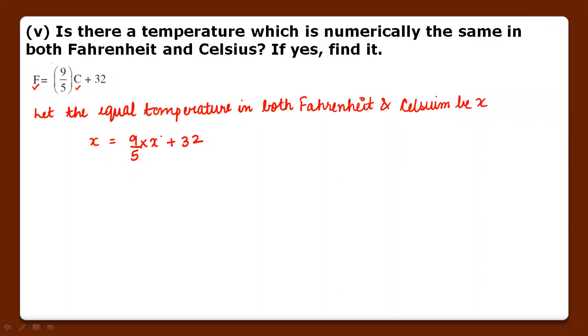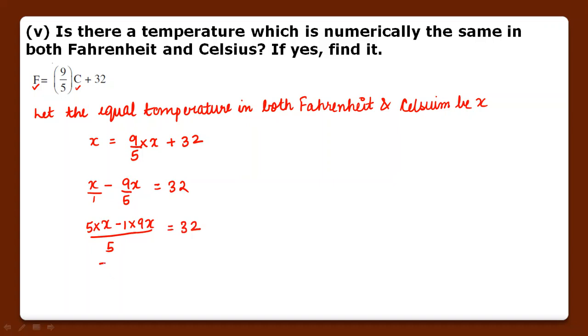The x terms are like terms, so we'll bring them to one side. x minus 9/5 x equals 32. We'll take the LCM. x upon 1, 9/5, the LCM is 5. 5 into x minus 9x equals 32.